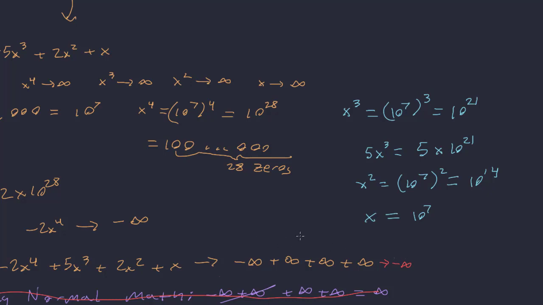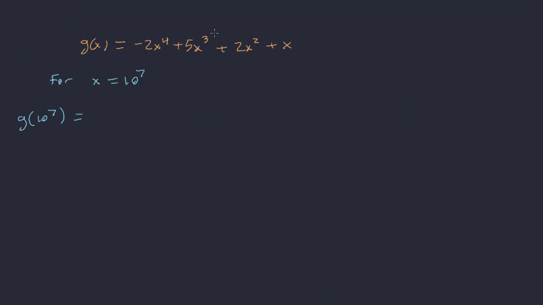Let me clean this up a little bit. For our g of x, which is negative 2x to the 4th plus 5x cubed plus 2x squared plus x, when we plug in x equals 10 to the 7th, applying what we just talked about, we get negative 2 times 10 to the 28th plus 5 times 10 to the 21 plus 2 times 10 to the 14th plus just 10 to the 7th.